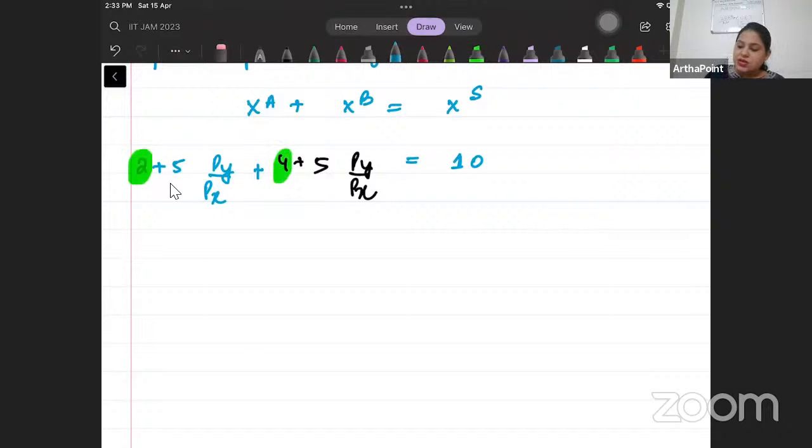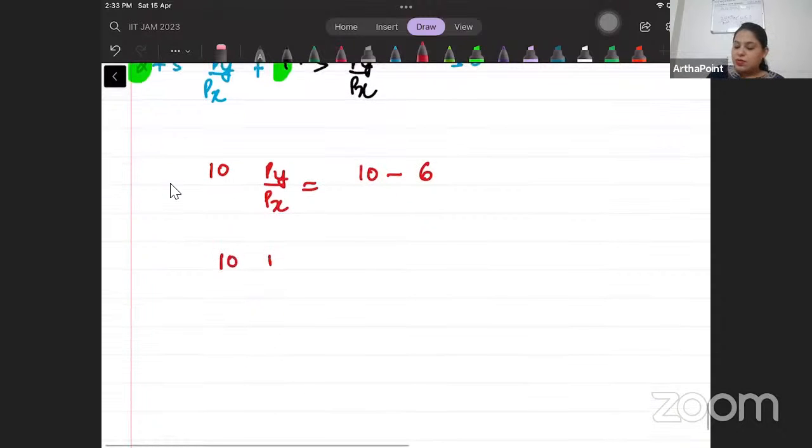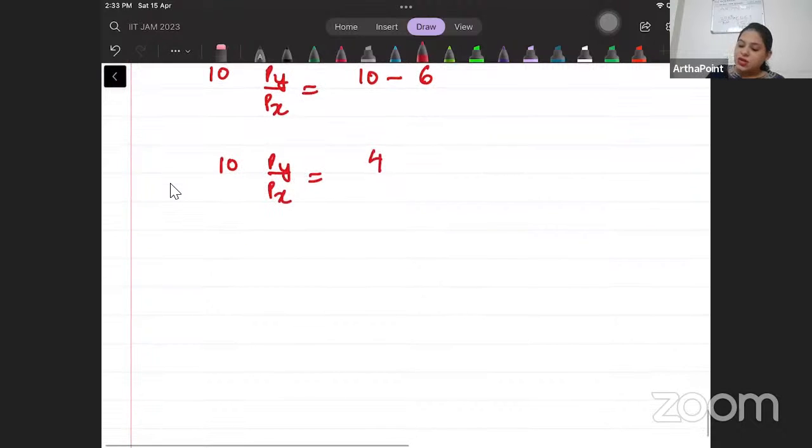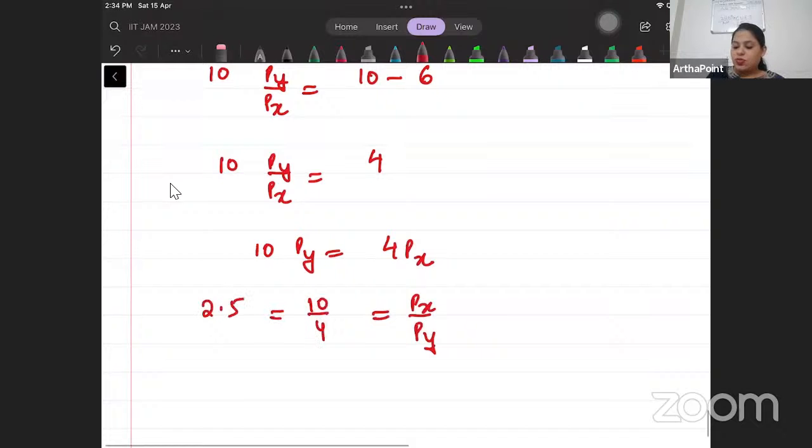So I get 10 py by px is equal to 10 minus 6. So 10 py by px is equal to 4. So 10 py is equal to 4 px. So px by py will come down to 10 by 4, which will be 2.5.